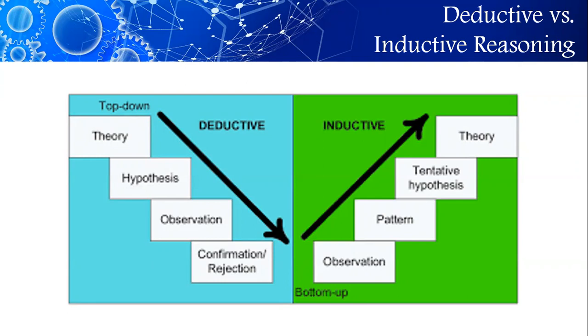So we make our observations, and we allow the data to inform our thinking about any hypotheses that we might pose. So the data determines our hypotheses in this case. And then we come up with a theory in terms of the patterns that we found in the data. And so typically a deductive approach is associated with quantitative research, and an inductive approach is associated with qualitative research.